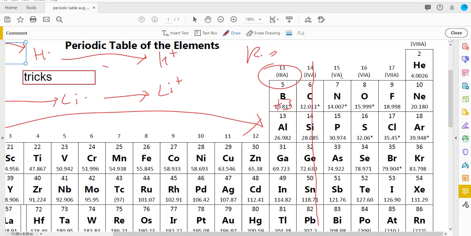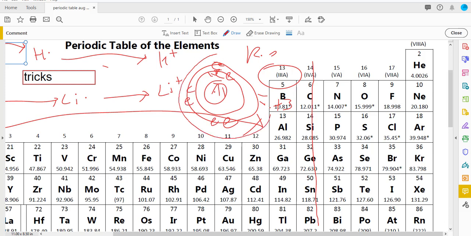Let's go ahead and refresh ourselves with aluminum. So aluminum had, and I'm going to try to write the Bohr model, 2 electrons in the first energy level, 8 in the second energy level, and then 3 in the third energy level, and that's not 90 degrees, sorry about that.